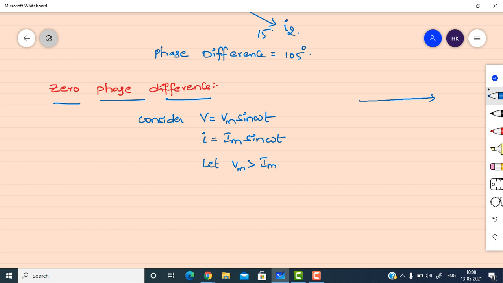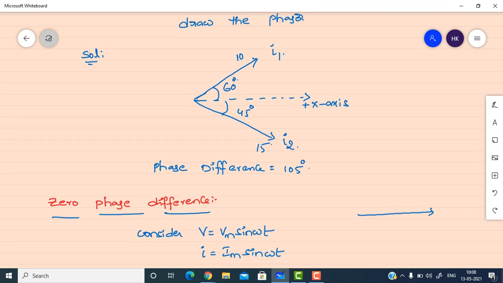In the above phasor diagram, here this is 10 and this is 15. So which one must be the greater phasor? This 15 phasor. You have to represent this phasor length greater than the I1 phasor, because the 15 value is more than 10.